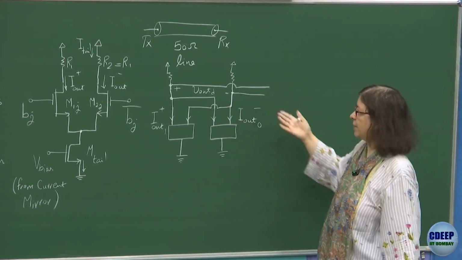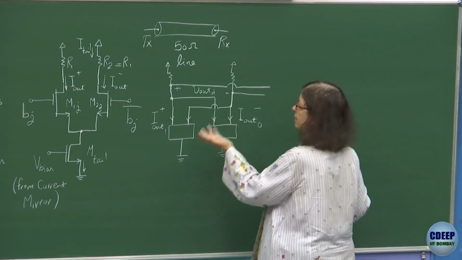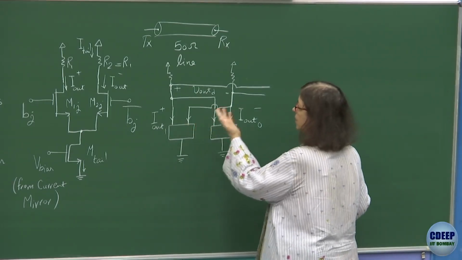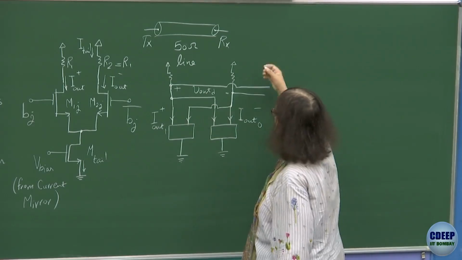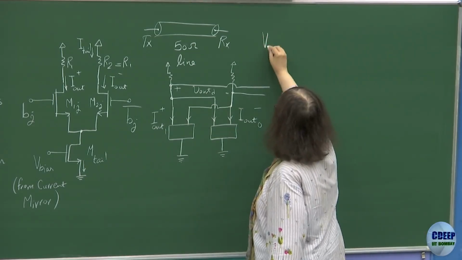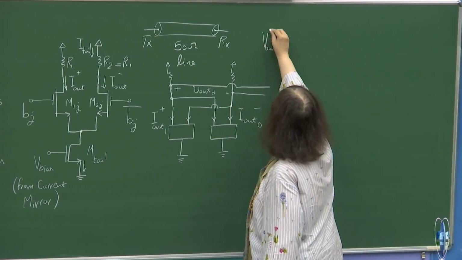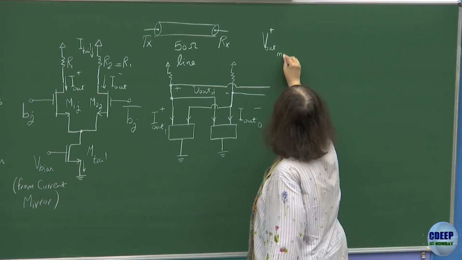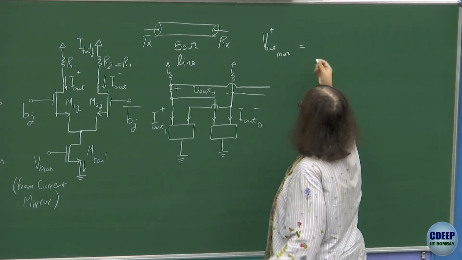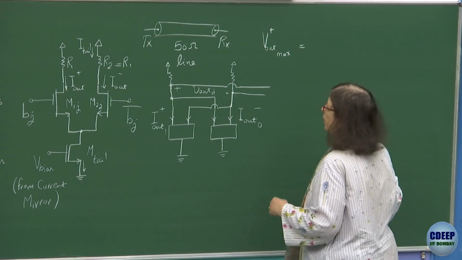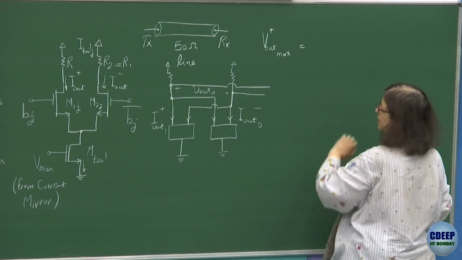It will eventually be the max value minus the min value. So the max value is when, let's say V out plus max, which is the same, will happen on the other side for the negative.